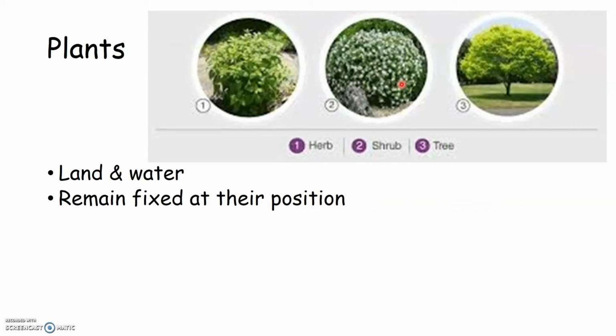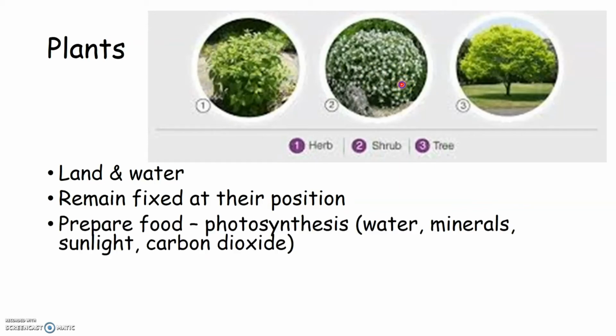We have already learned that plants prepare their own food by the process of photosynthesis. But plants need non-living components like water, minerals, sunlight, and carbon dioxide in order to prepare food. So we have just learned that plant is a living component, but it depends on non-living components like water, minerals, sunlight and carbon dioxide in order to prepare food by the process of photosynthesis.